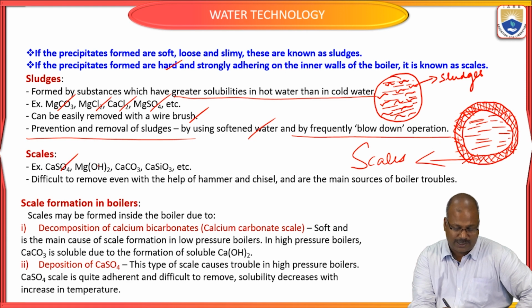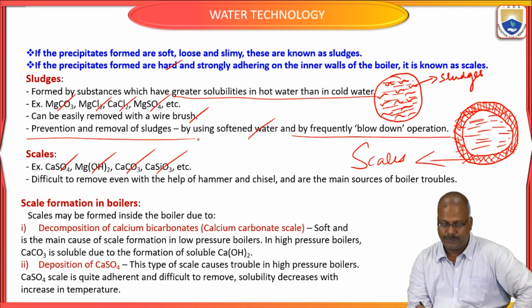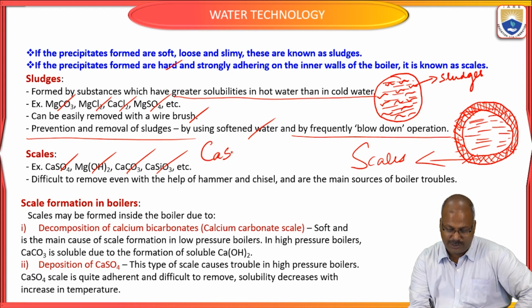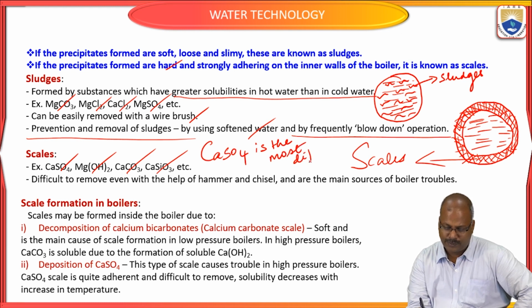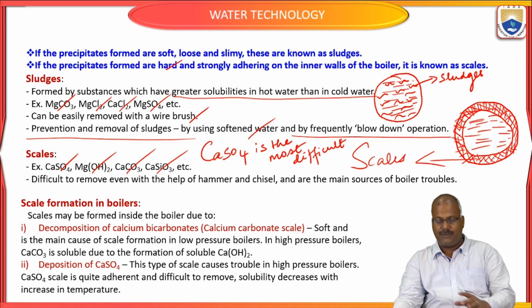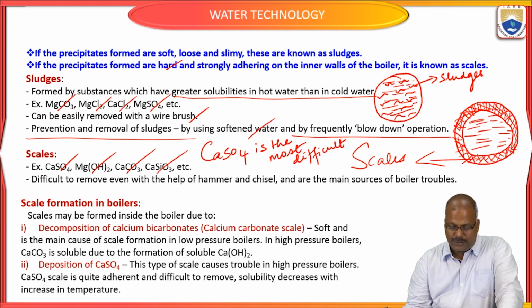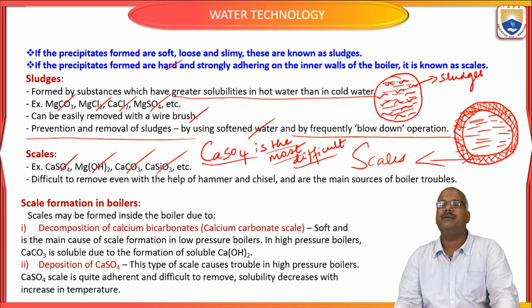Scales are formed by calcium sulfate, magnesium hydroxide, calcium carbonate and calcium silicate. By far, calcium sulfate is the most difficult. Scales are difficult to remove, but calcium sulfate is more notorious because its solubility decreases with increasing temperature.